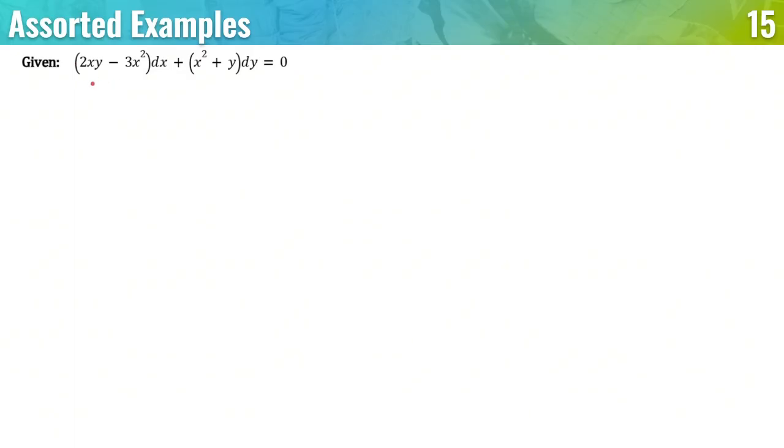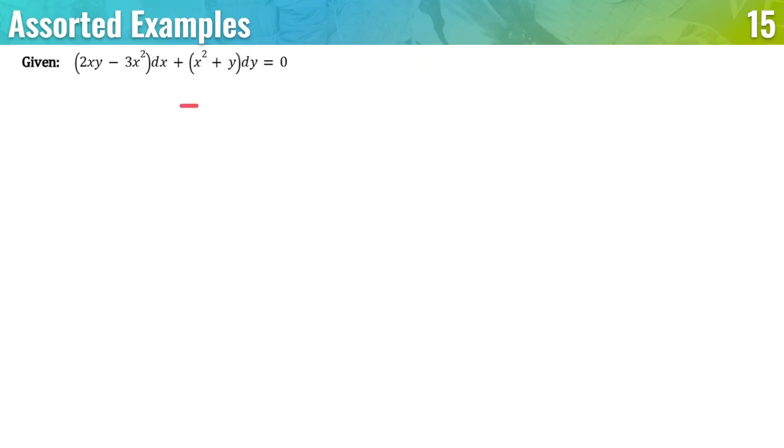So for this one, 2xy minus 3x squared dx plus x squared plus y dy. Let's see what we can do. So let's try variable separable.